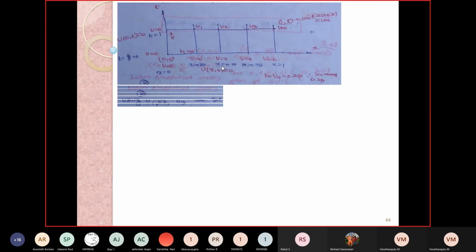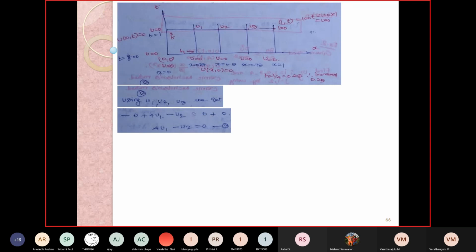Using equation number 2 in u1, u2, u3, what do we get here? 0, 0 plus 4u1 minus u2. This is in the j+1 row, and it is equal to the jth row, 0 plus 0. And from this equation, 4u1 minus u2 is equal to 0. Let it be equation number 3.